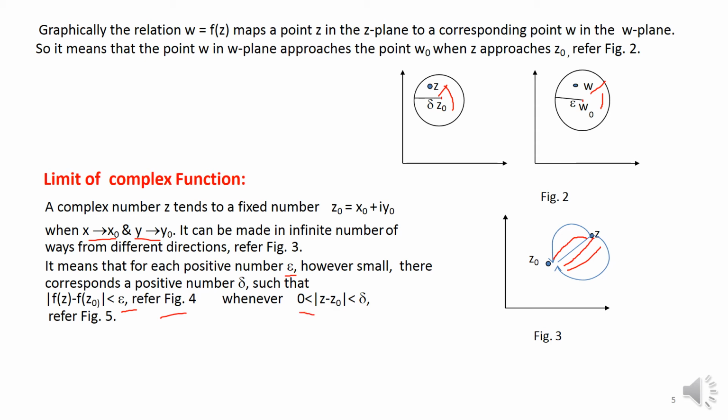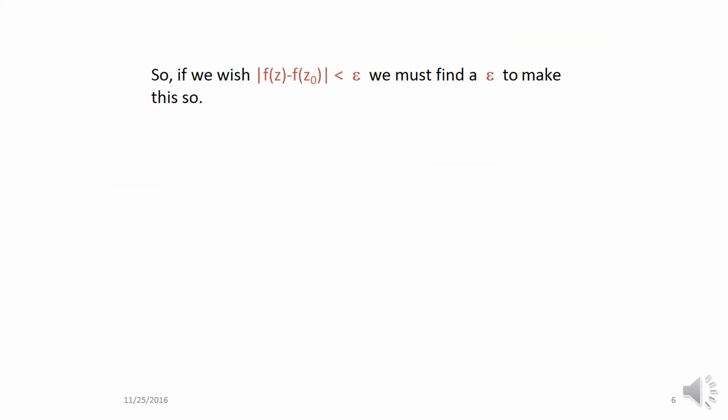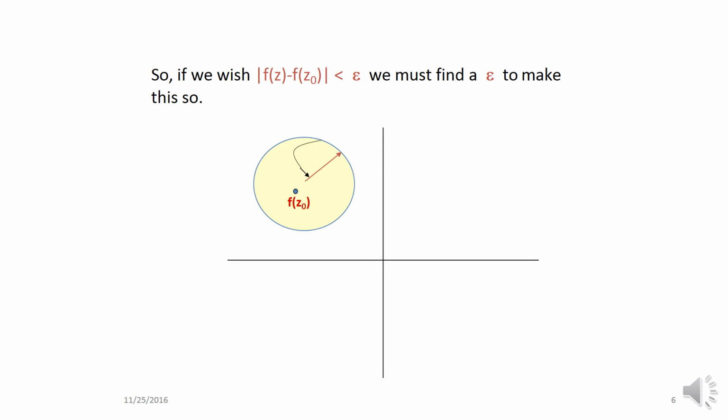Whenever 0 < |z - z0| < delta, whenever this condition is there, then we can see that |f(z) - f(z0)| is less than epsilon. So let's see these both conditions in the figure. So first, |f(z) - f(z0)| is less than epsilon.